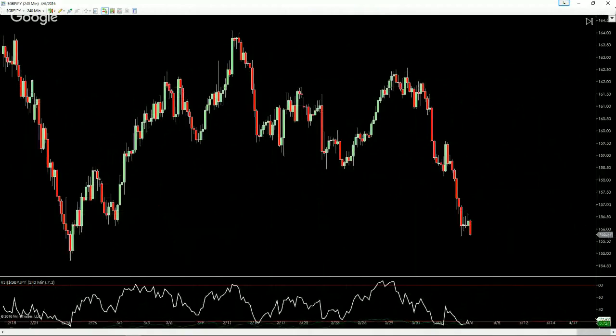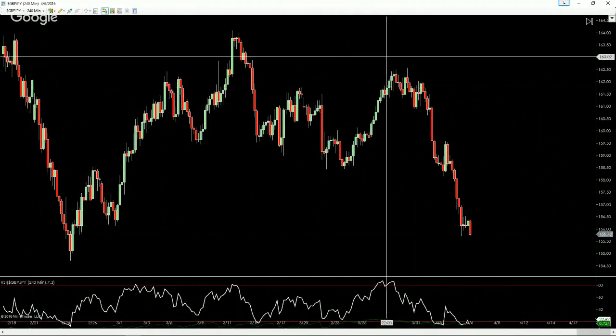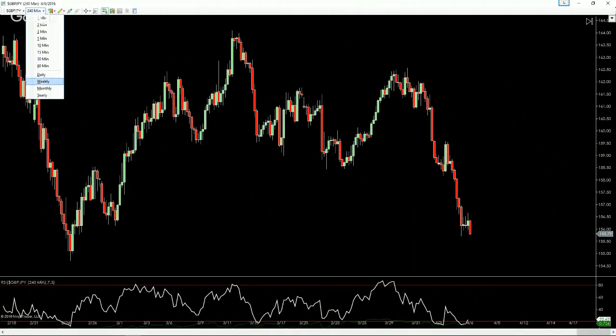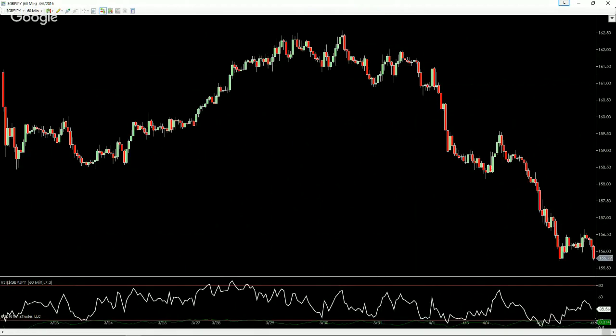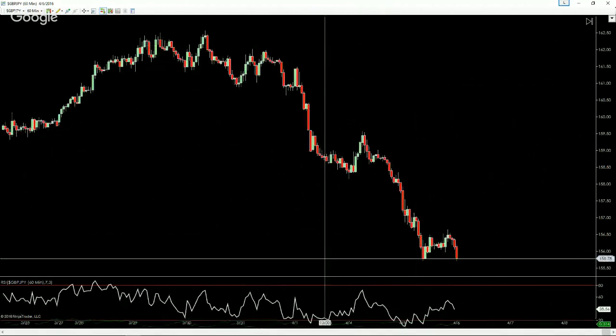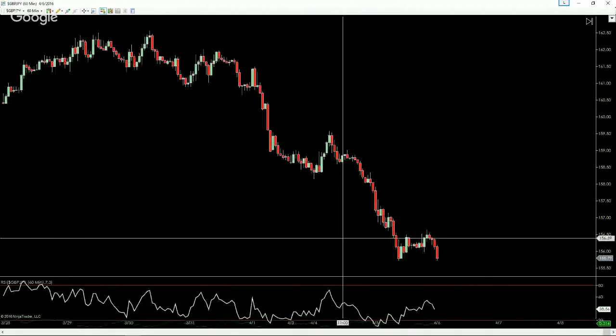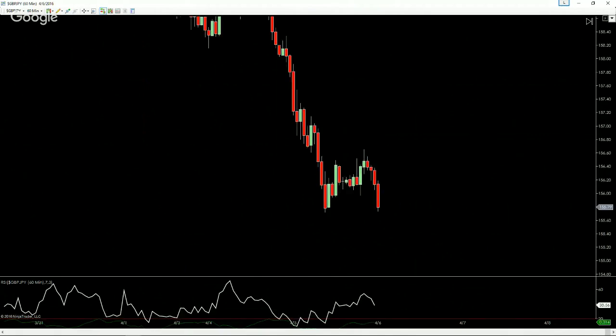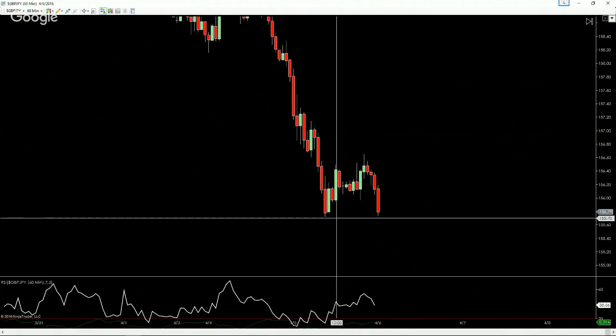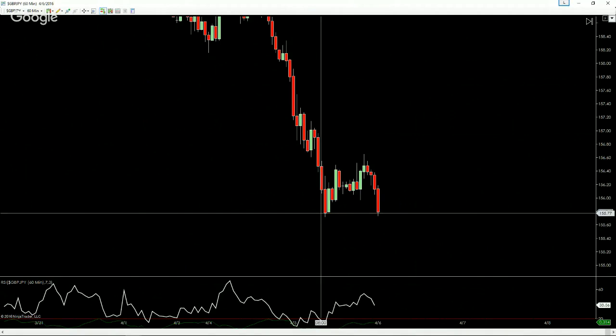Let's see, for 240, nothing there. Let's go to 60. Really nothing there yet. We do have about the same thing that we saw on the euro yen, which is this double bottom.